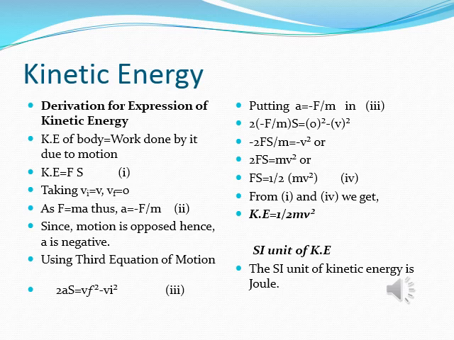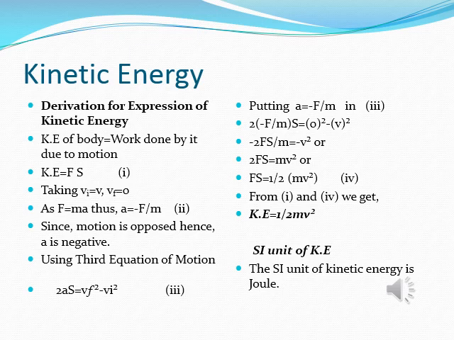Now we are going to derive the expression for kinetic energy of a body moving with a certain velocity. For this, consider a body of mass m moving with velocity v. The body stops after moving through some distance s due to some opposing force such as force of friction acting on it.